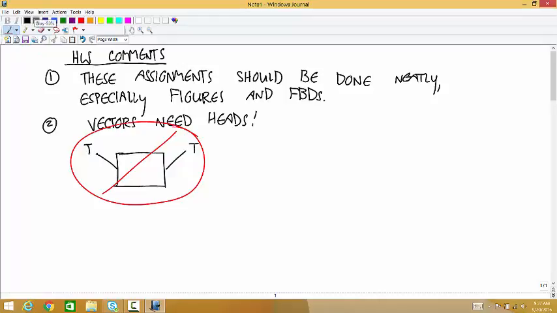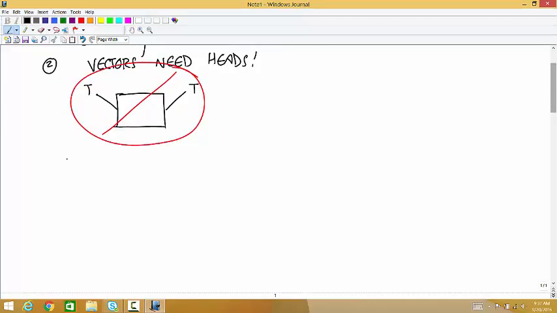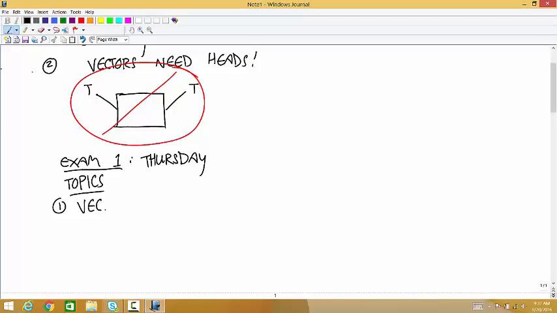All right. Before I keep rolling with rigid body stuff, does anyone have any questions related to the test? So, remember, let me lay that out. The first test is Thursday. And the topics are vectors and more vectors.